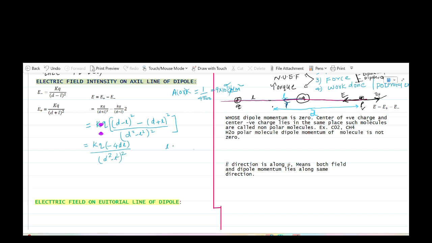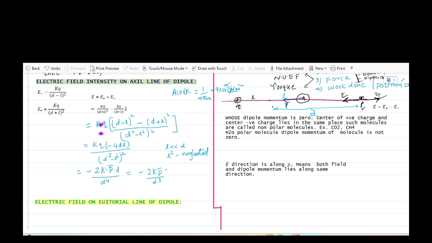Where L is very small compared to the D value, then L square is neglected. Then I can write that equal to minus Q into 2L, I can go with P. Therefore 2 into 2QL is P bar, the dipole moment, by D to the power 4. That implies minus 2K P bar by D cube.